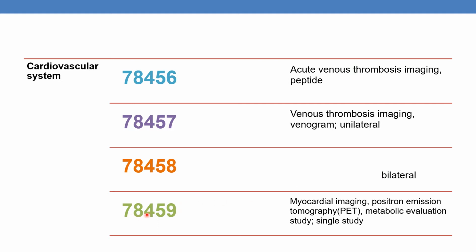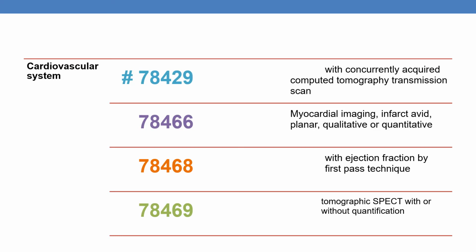The next is 78459. It deals with myocardial imaging, positron emission tomography, PET, metabolic evaluation study, single study. So for myocardial imaging using PET scan, the CPT is 78459 for a single study.